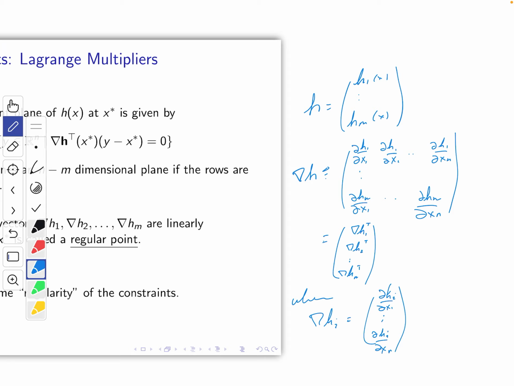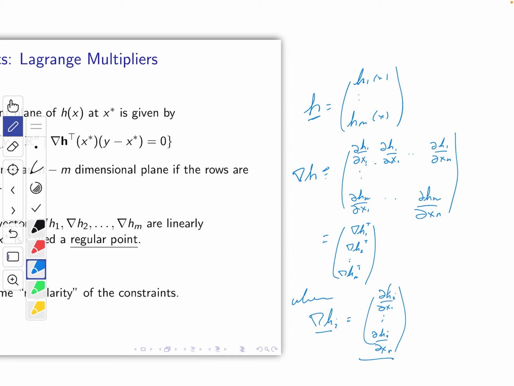Remember, when it's a vector, we make it a column vector. And when it's a vector function, we have these vectors on the rows, so we have to have the transpose like that.